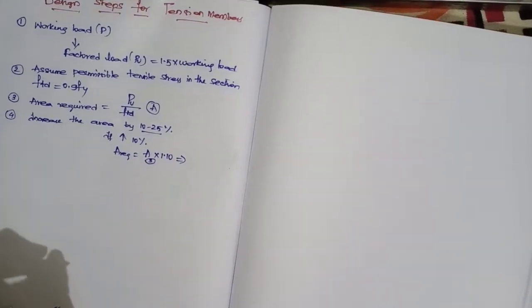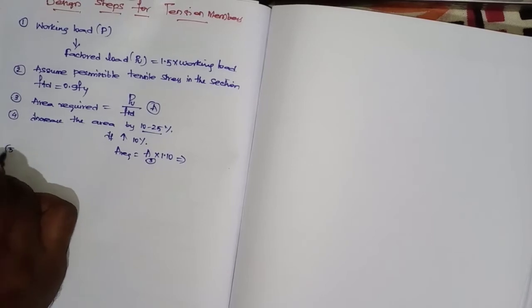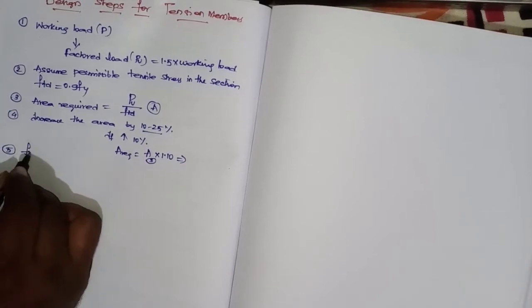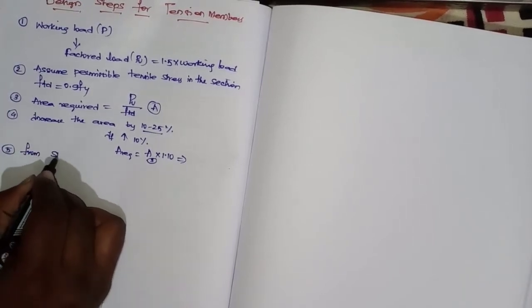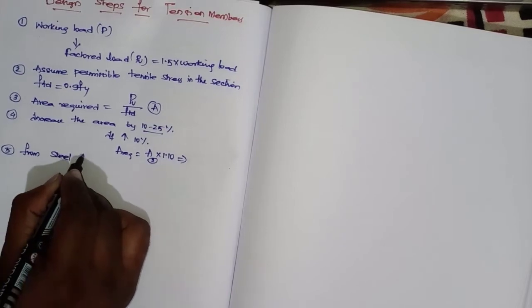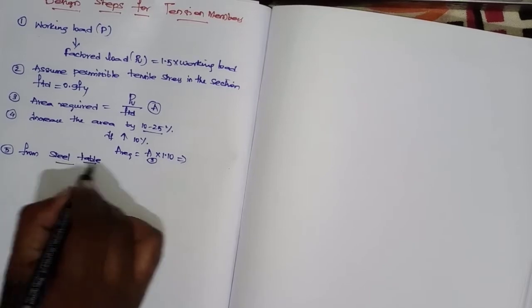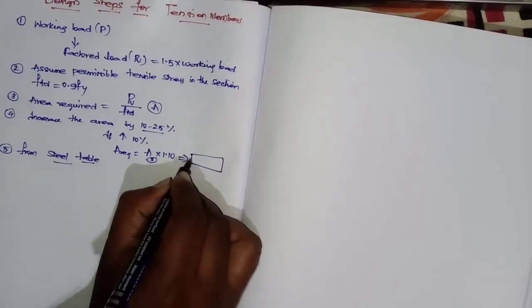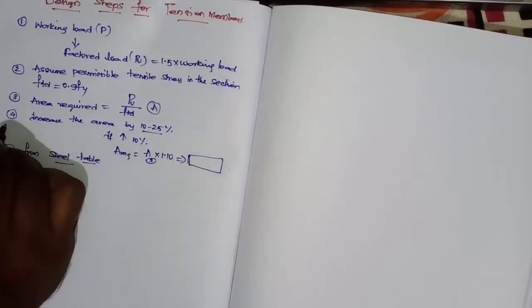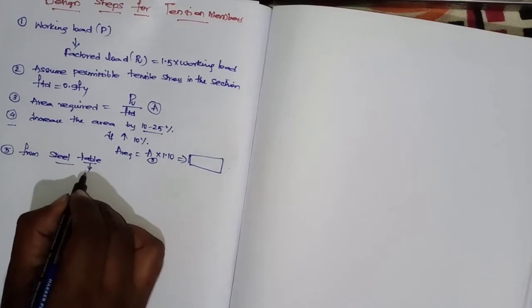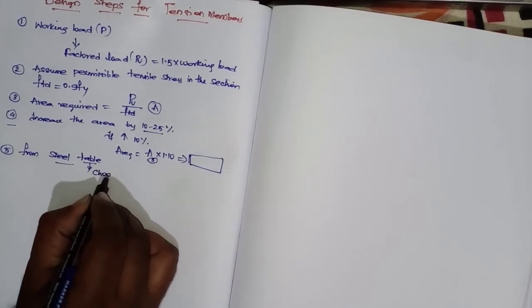Now from steel table SP6, based upon the area required you obtained in step 4, you choose a section.